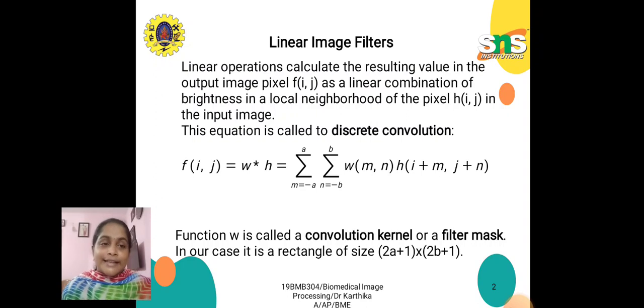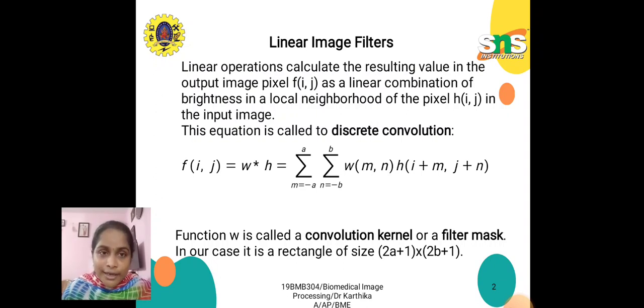Here, the linear image filters are mainly used to perform the discrete convolution. The equation is represented as f of ij equal to w convolution with h, equal to summation m equal to minus a to a, summation n equal to minus b to b, w of m comma n multiplied with h of i plus m comma j plus n.